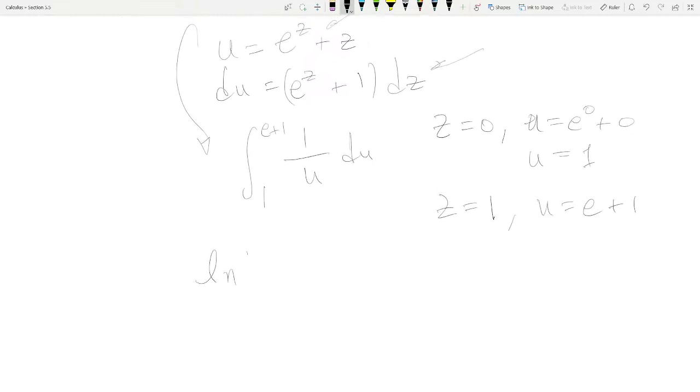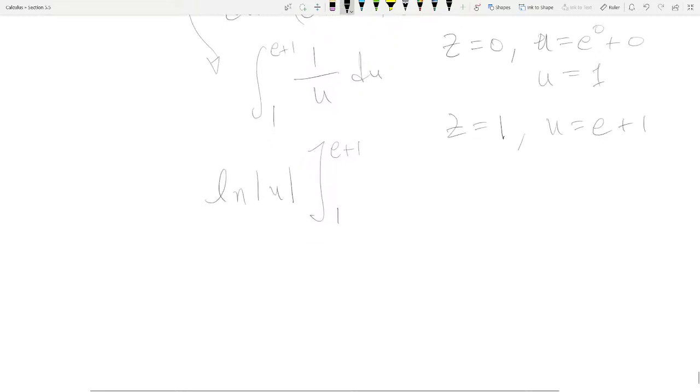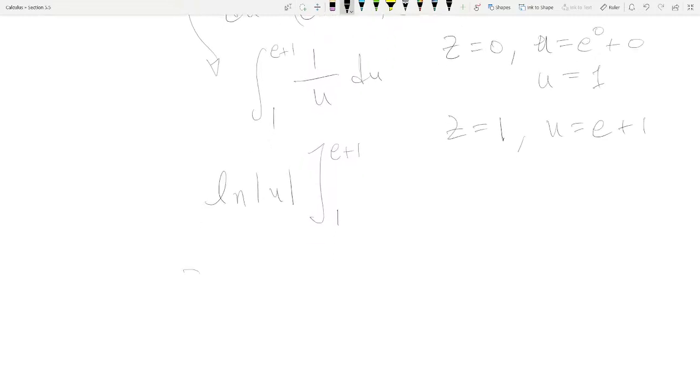That's ln absolute value of u evaluated from 1 to e plus 1. And then I plug them in. I get ln of e plus 1 minus ln of 1, and ln of 1 is 0. We don't need the absolute value here because e plus 1 is a positive number. So there's your answer: ln of e plus 1.